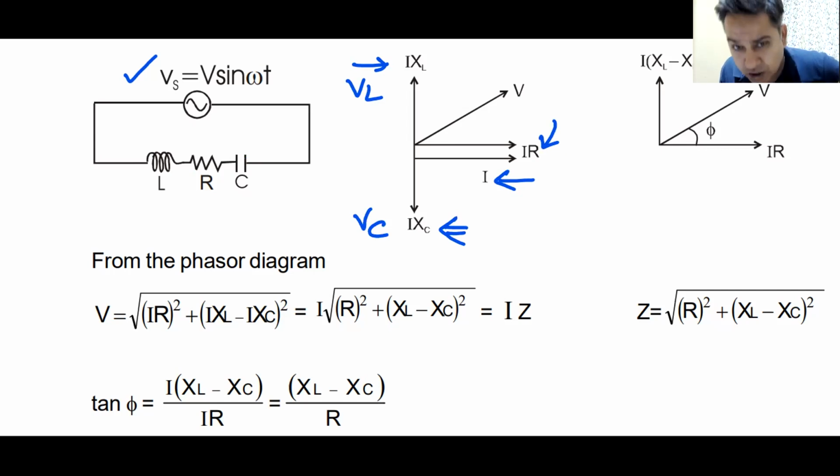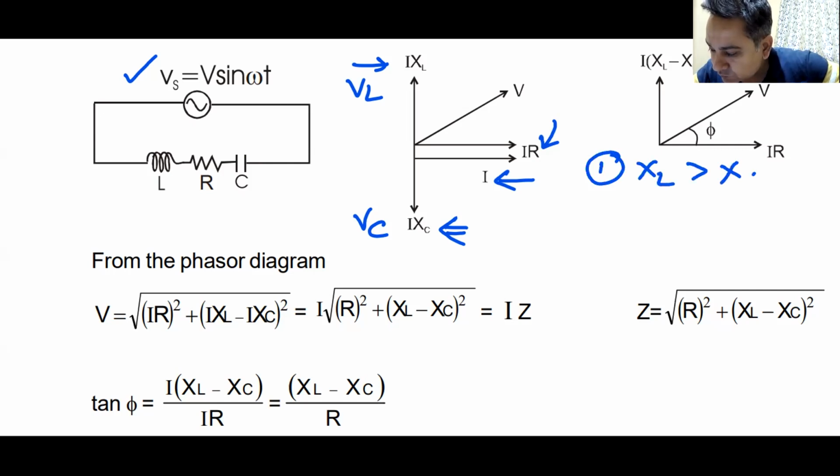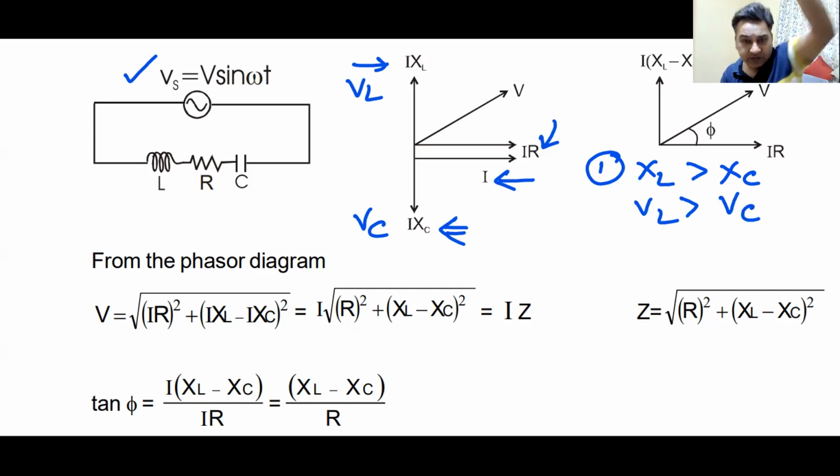Now remember, there are 3 cases possible. Case number 1: XL is greater than XC, or I can say VL is greater than VC. The upper one is big, the lower one is small.